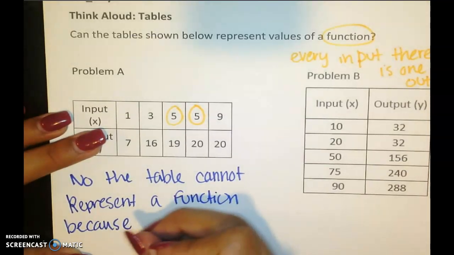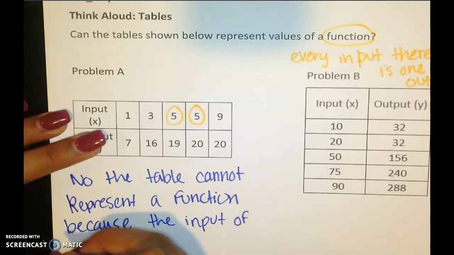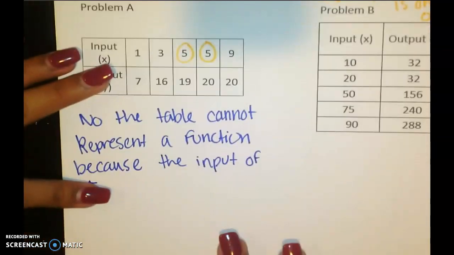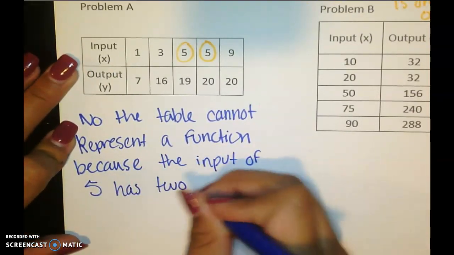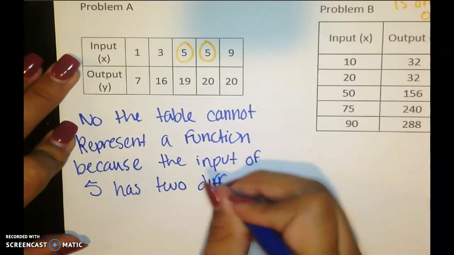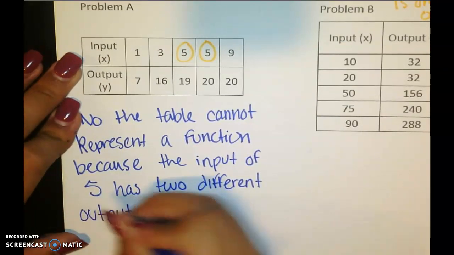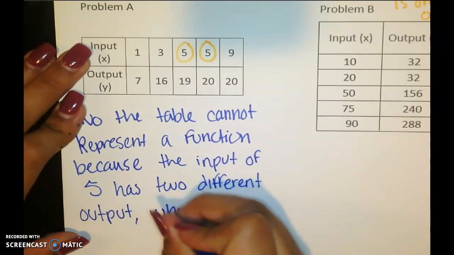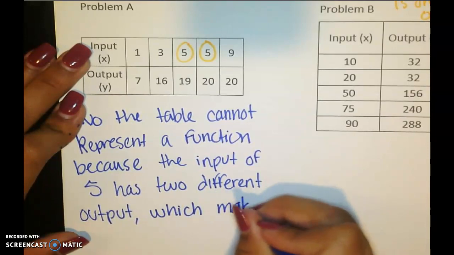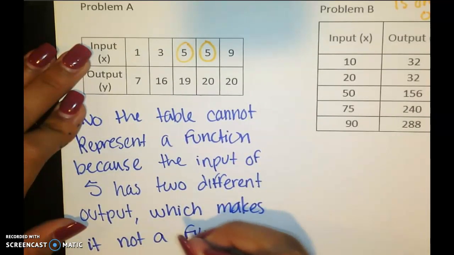Because, we're going to say, because the input of 5 has two different outputs, which makes it not a function.